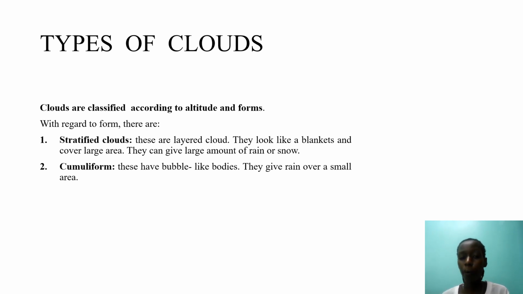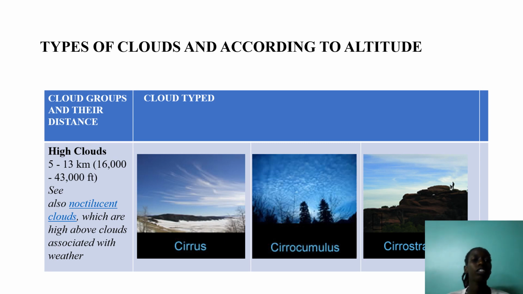The second classification of clouds is according to altitude. Classifying clouds according to altitude is composed of three main parts. They are classified according to height, which includes high clouds, middle clouds, and low clouds.